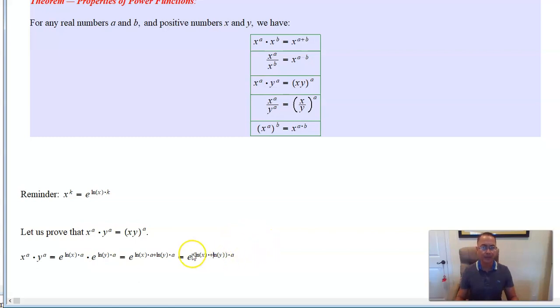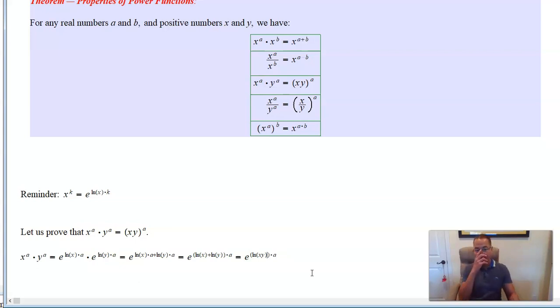Okay, so we have e to the quantity ln of x plus ln of y, times a. Okay, but we have another property. We know that ln of x plus ln of y is the same as ln of x times y. Okay, so we can change this to ln of x times y.